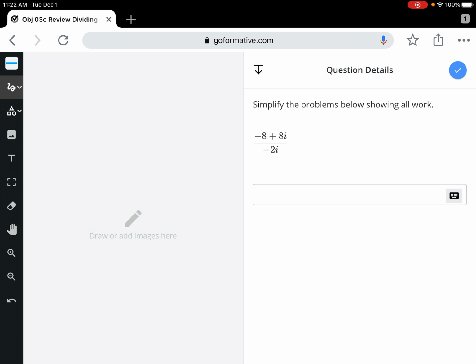Number 4, negative 8 plus 8i over negative 2i, multiply by i over i.